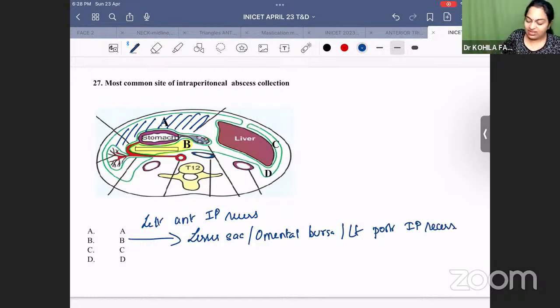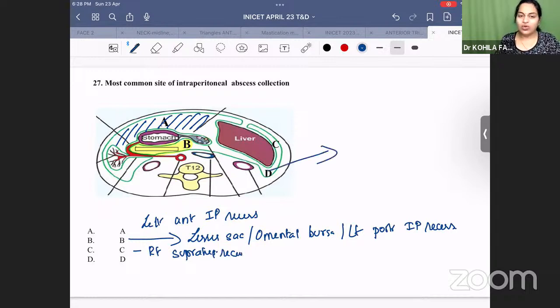Anterior to the liver, that will be the right suprahepatic recess. Now, what is this D? This is the common site, right, for collection of post-surgical pus or fluid. It collects in this area, behind the liver. What are its different names? It's called the right subhepatic recess.